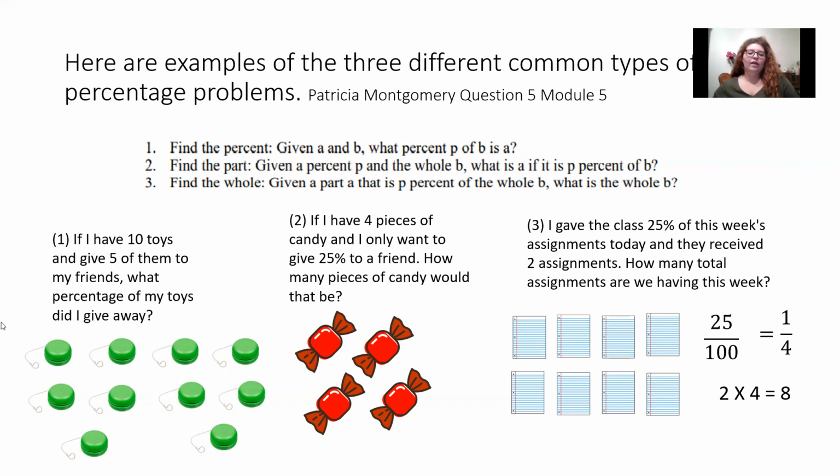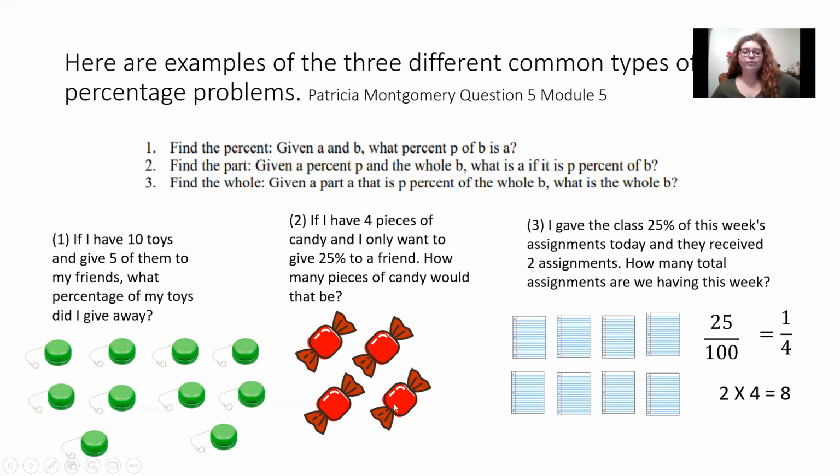So 50% there. And then on the second one, it says, find the part. Given the percent P and the whole B, what is A if it is P% of B? So if I have 4 pieces of candy and I only want to give 25% of it to a friend, how many pieces of candy would it be?